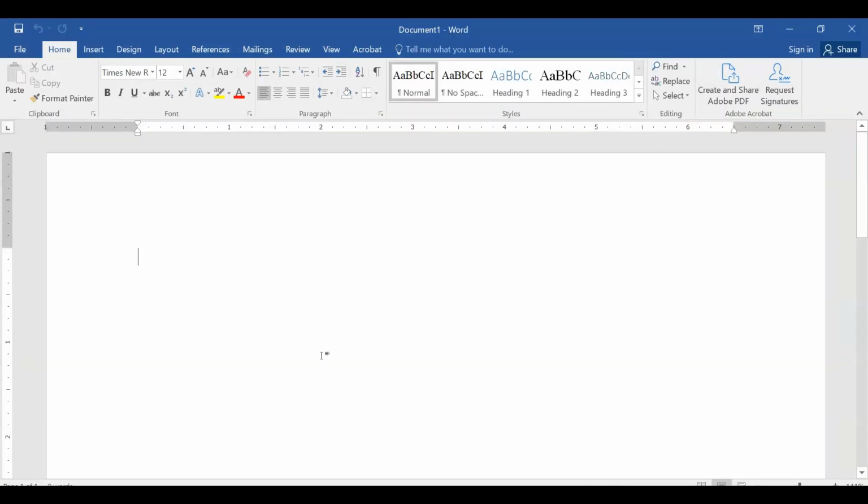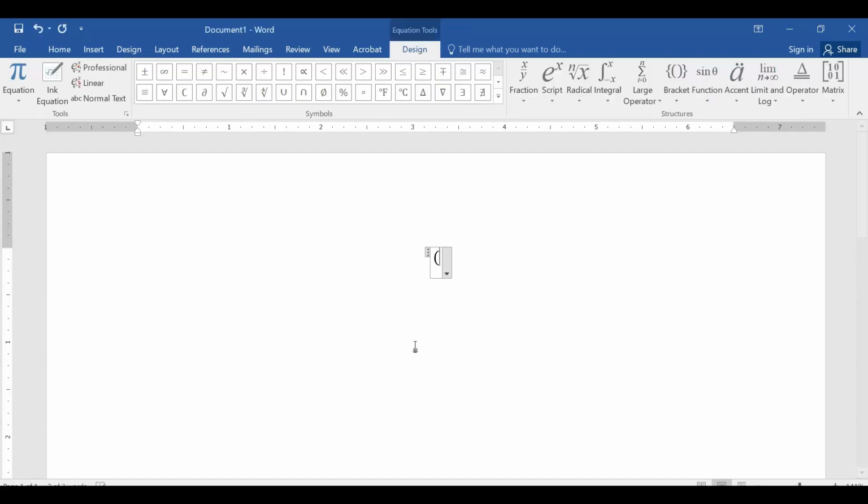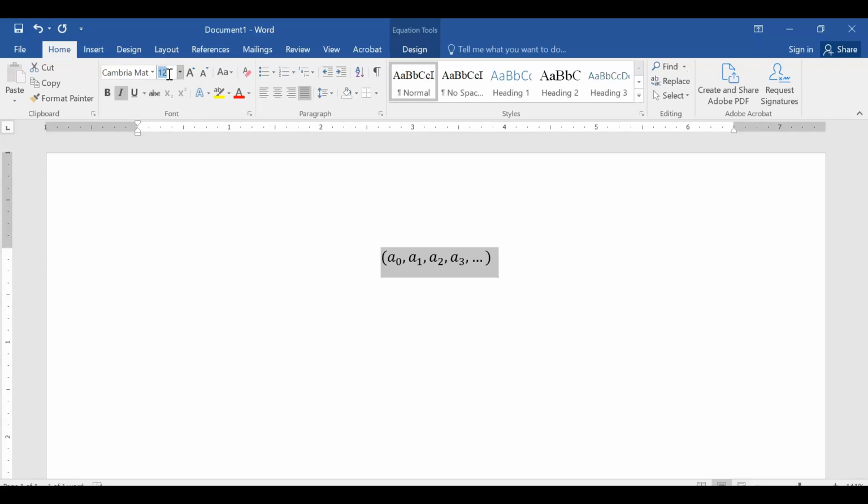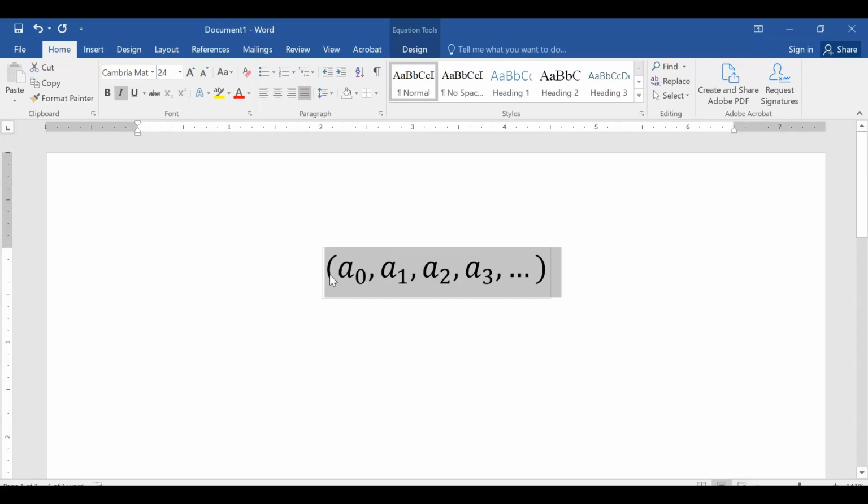What we could do is think of an infinite sequence as the terms in that sequence, where we let A0, A1, A2, A3 be all real numbers. There you go. So we have this infinite sequence that goes on forever.